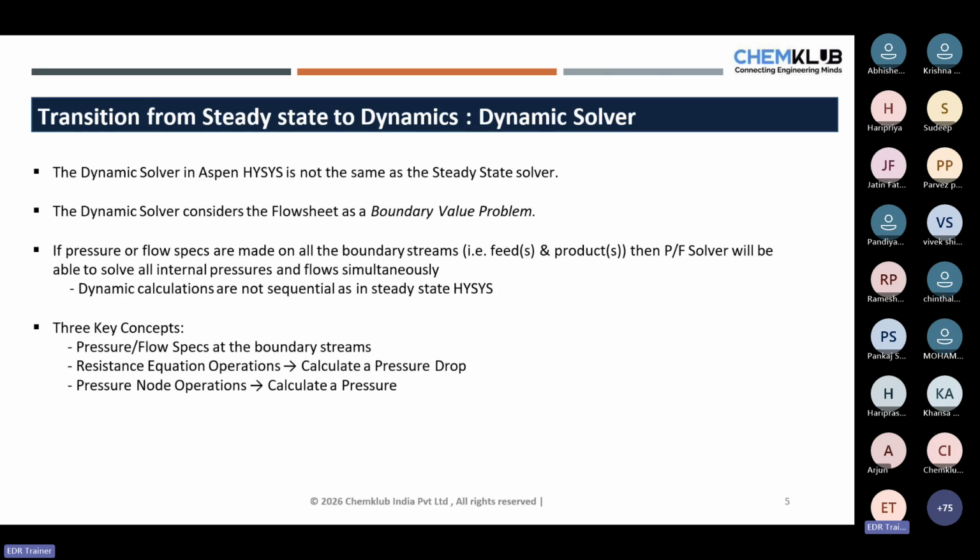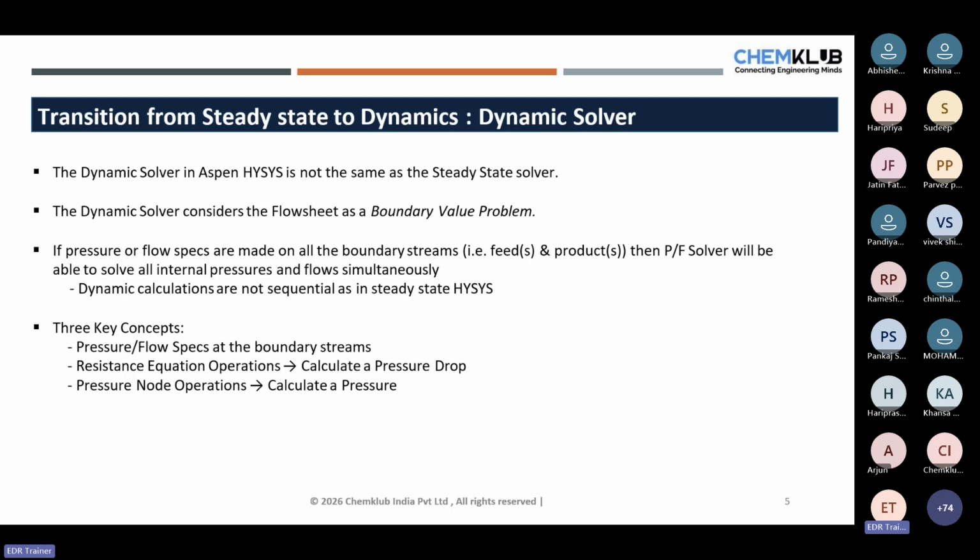When you are doing steady state simulation, the equipment volumes are not at all important. Your objective is to see what the pressure, temperature, flow and composition are after that unit operation. You are looking at what is expected from that unit operation.